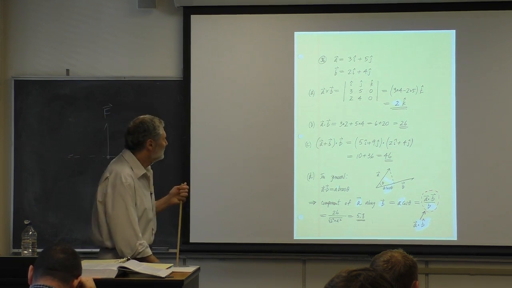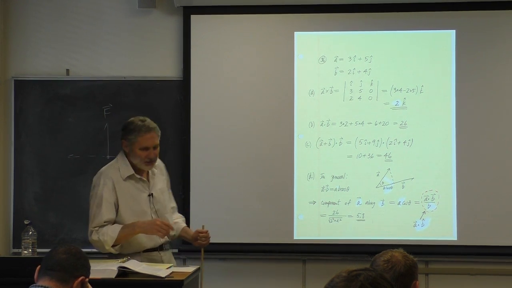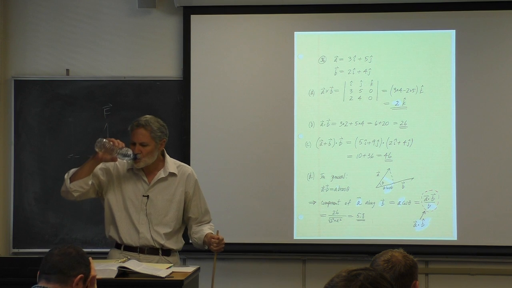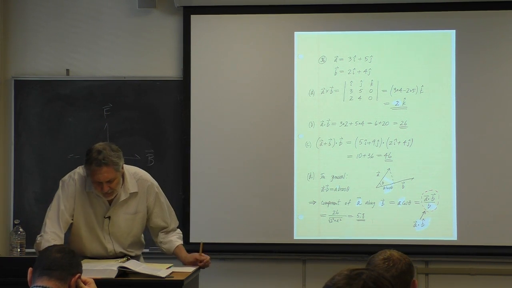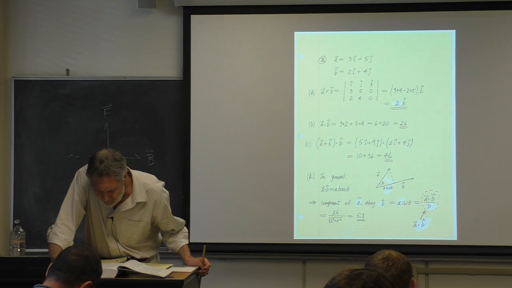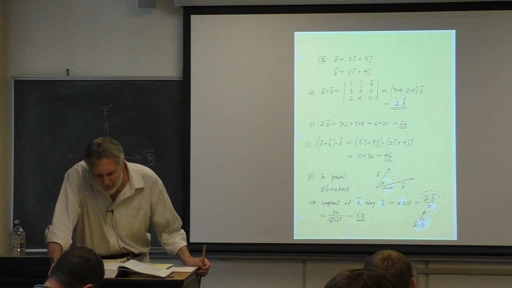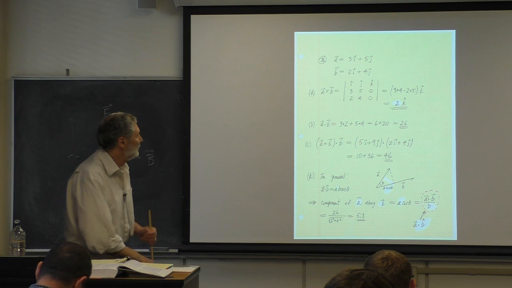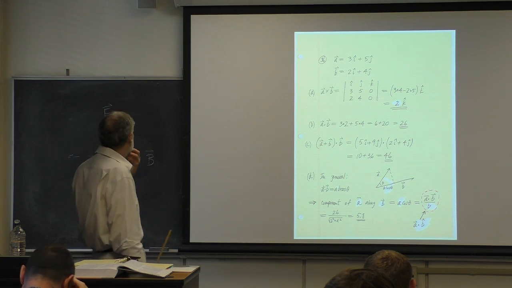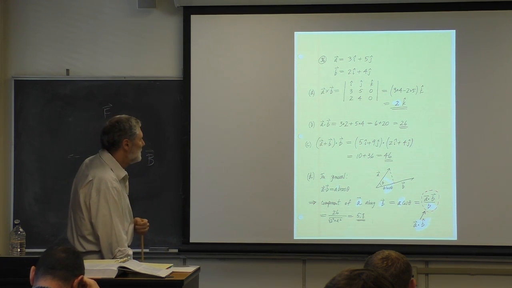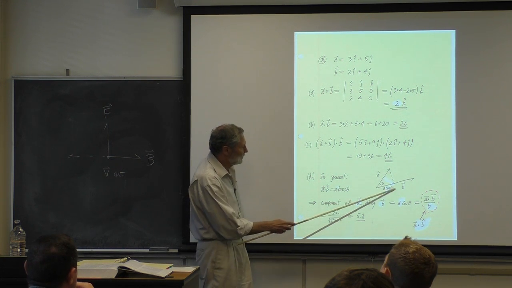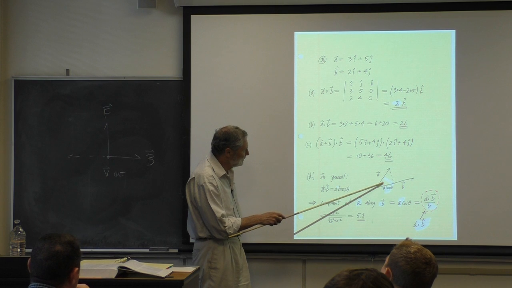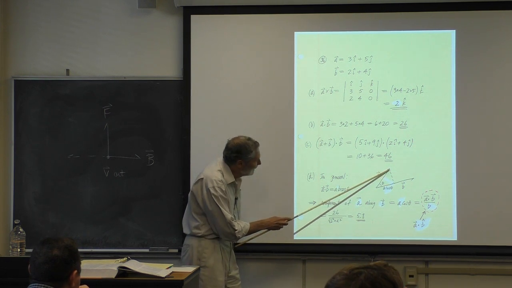Sorry. So, part D is the component of A along the direction of B. Okay? So this is in general. In fact, in the typed notes, there's a diagram that looks like this.